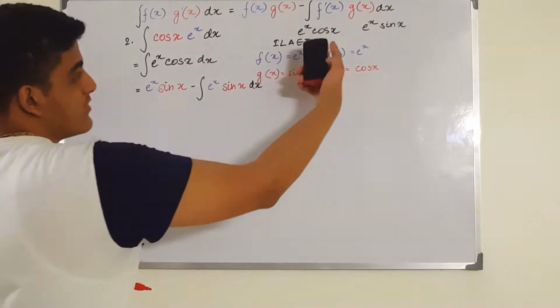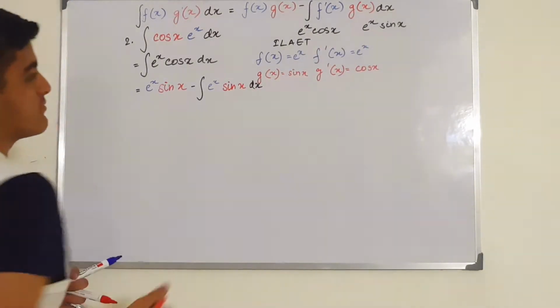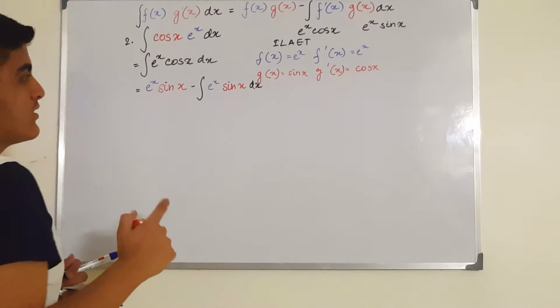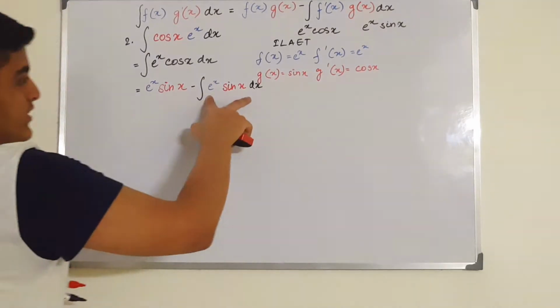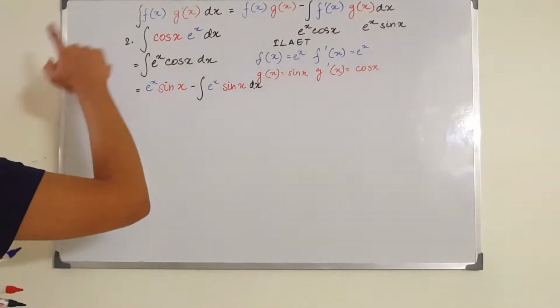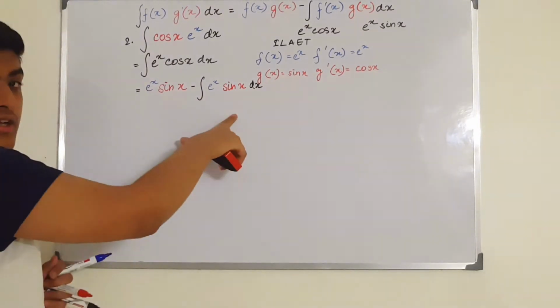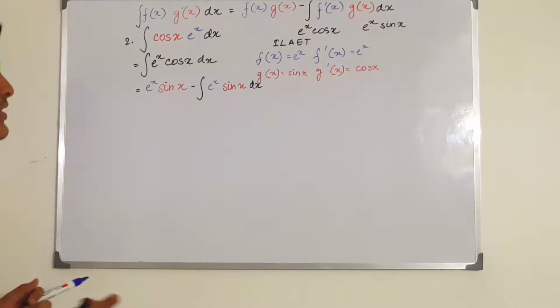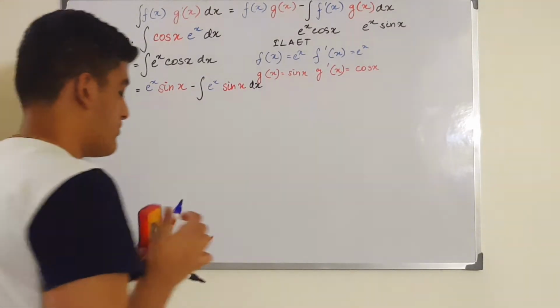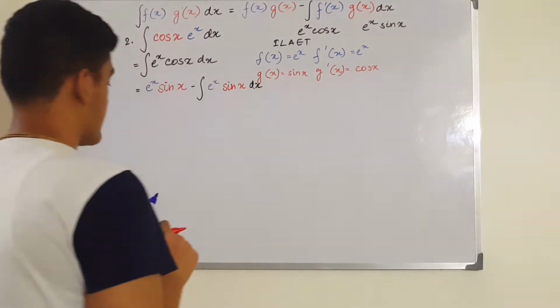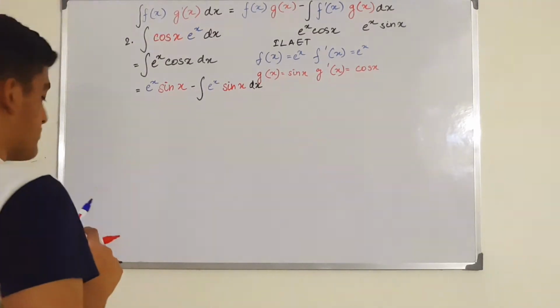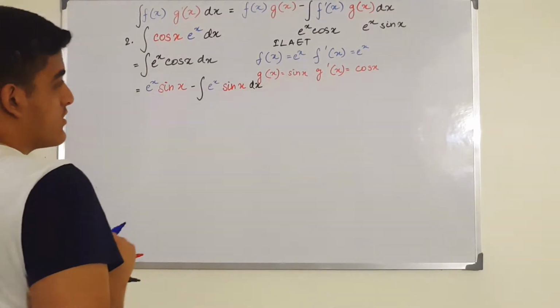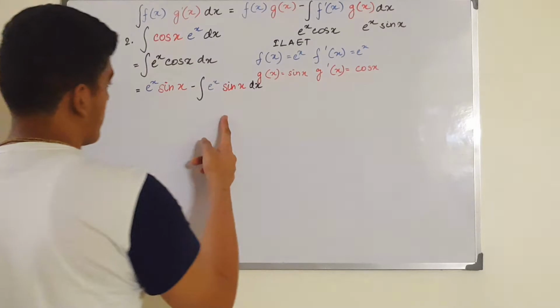So you see, I tackled both the problems in the same sum. It's just that if I integrated this, then I would have reached e to the power x cos x, which I would have to turn back into e to the power x cos x, as you will see is what is going to happen right here.